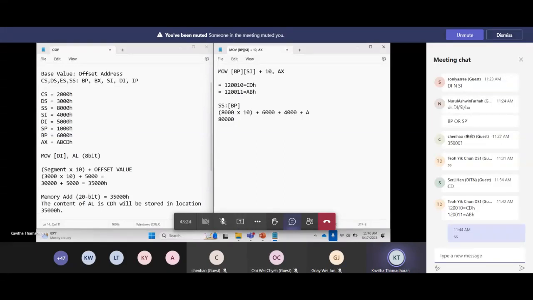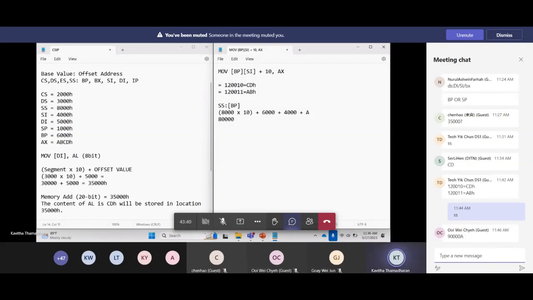Then you plus your 4,000. 6 plus 4 is 10, and 10 in hexa is A. So it becomes 8A000.